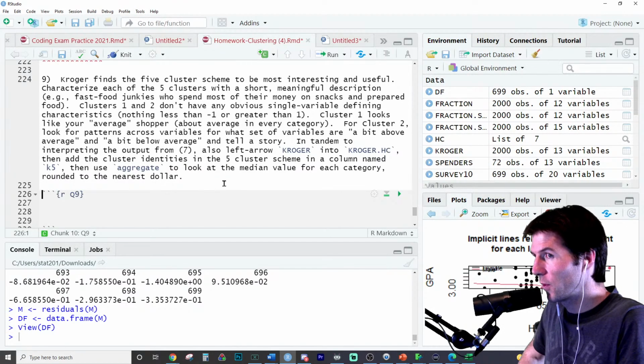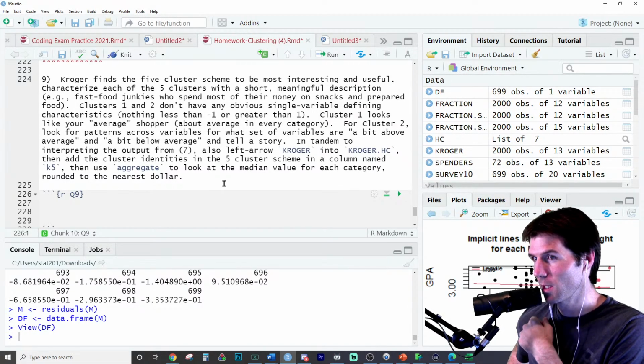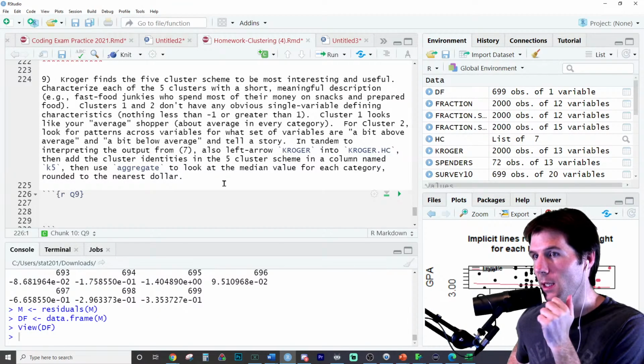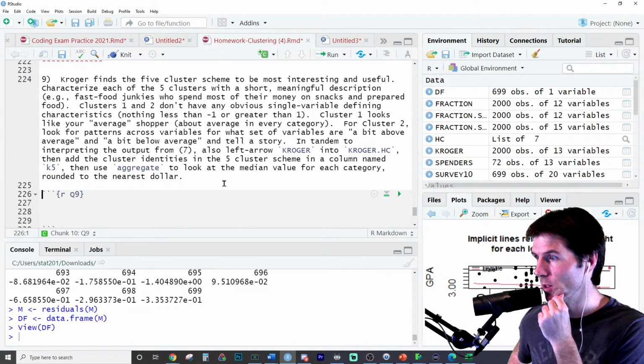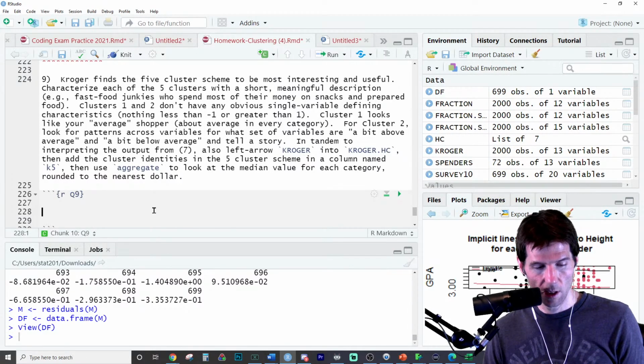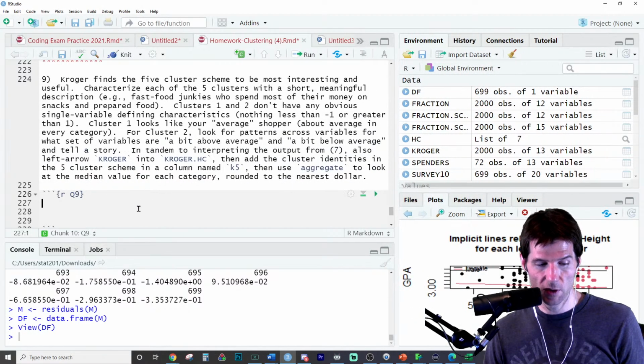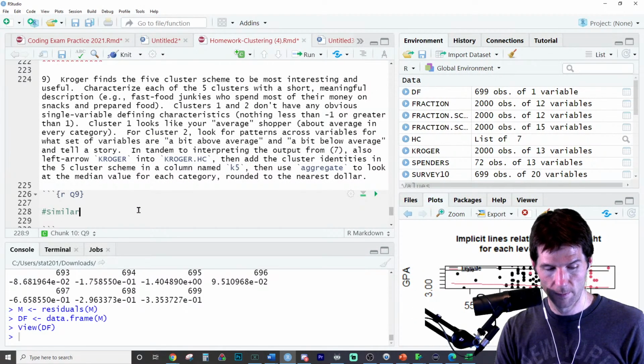So what you need to do for this one, Kroger finds the 5 clustering scheme to be most useful. Characterize the 5 clusters with meaningful descriptions. It's hard for me to do this one without doing this one, so I might have to pull up some notes. Make sure you have your 5 clusters saved. That's what's most important. And then we're going to use the aggregate function.